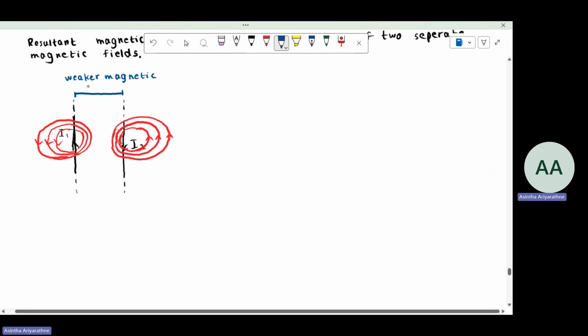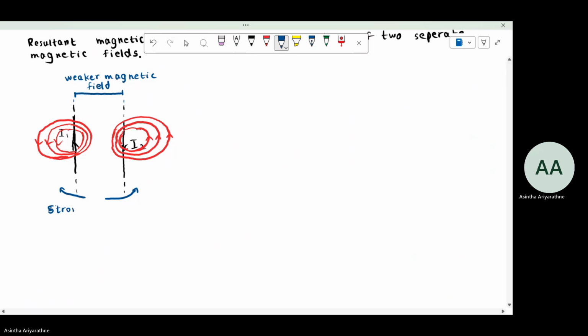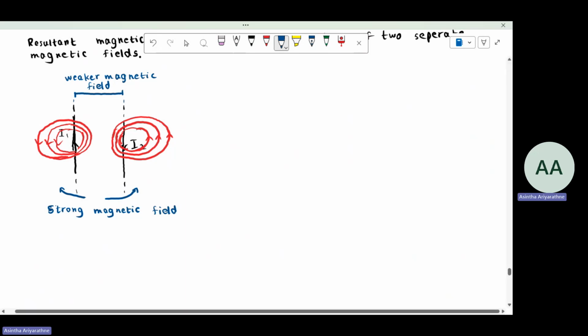The resultant is a weaker magnetic field, right? If you consider these two regions, it is a strong magnetic field. In the middle it is a weaker magnetic field. The two sides have a strong magnetic field.